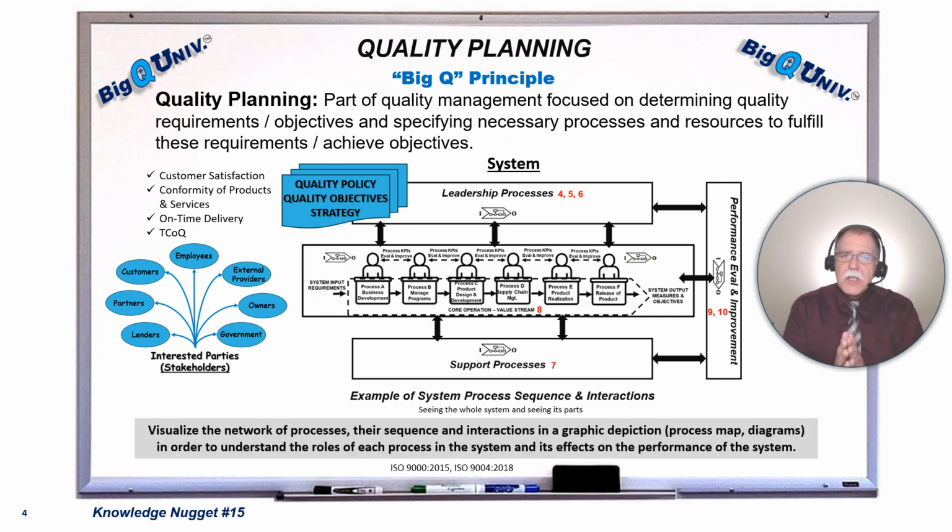We want to visualize the network of processes, their sequence and interaction, in a graphic depiction, a process map, a process flow diagram, in order to understand the roles of each process in the system and its effects on the performance of the system as a whole.